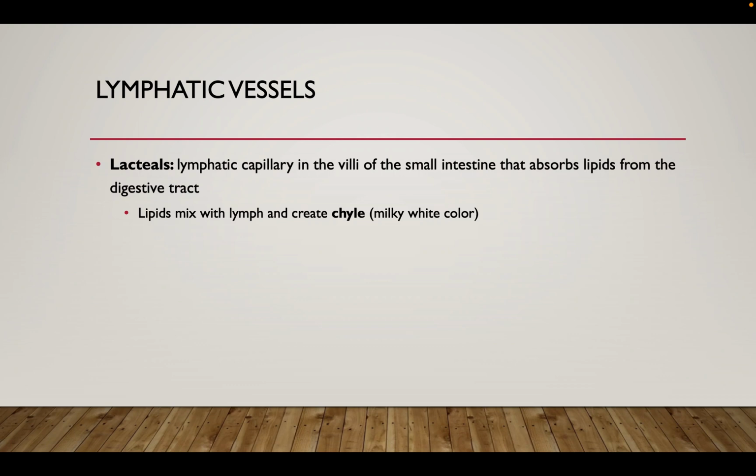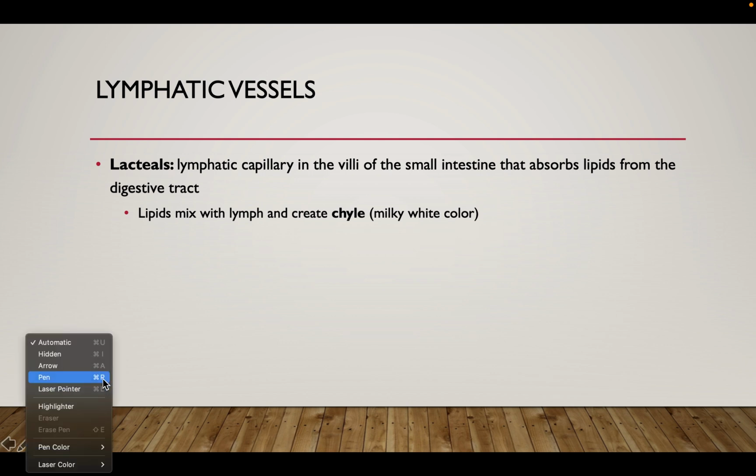So the lacteal, I alluded to the lacteal earlier, and what it is is this small lymphatic capillary that we said was in a villus. So villus is singular, villi is plural, and they're these little finger-like projections that are present within the small intestine.